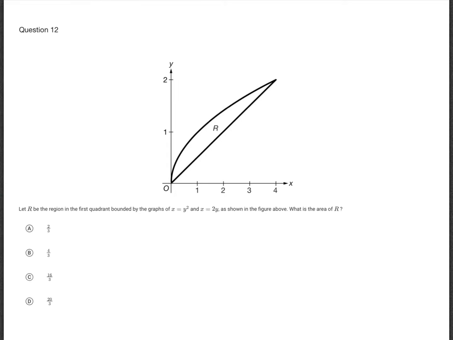Okay, and then when you want to find area, and your functions are x equals something in terms of y, like in this case, then we're going to do right minus left. So on the right is this function. And then on the left is this function.